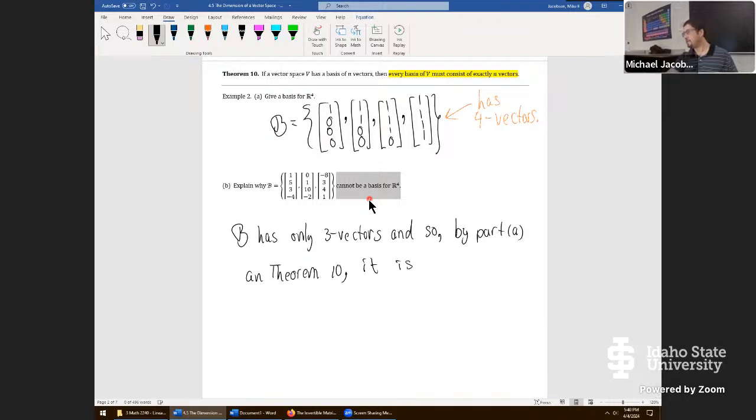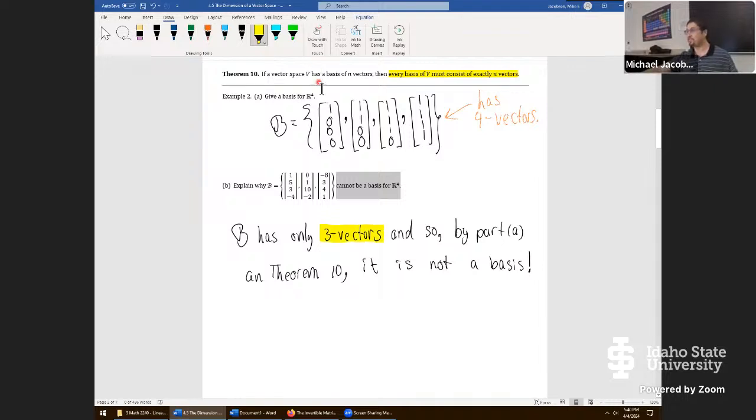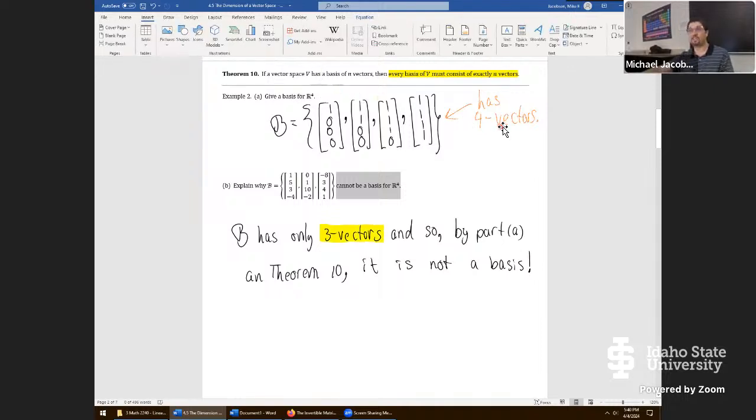It is not a basis. So the issue is right here. It only had three vectors, and we found a basis for R4 containing four vectors. This is insufficient. It needs more vectors in order to form a basis out of what we had so far.